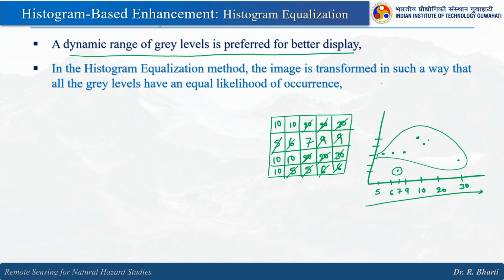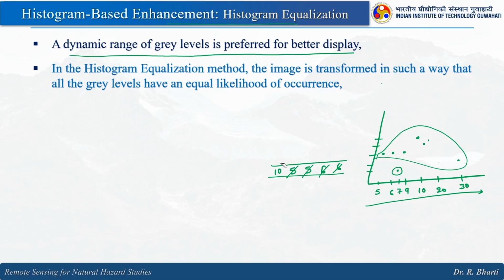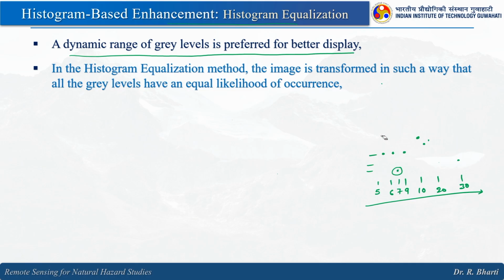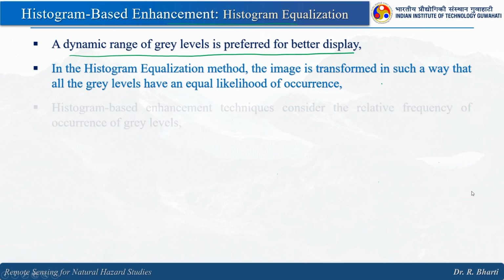So, in such cases, this histogram equalization method works on the DN values' frequency and tries to provide equal likelihood of occurrence to all the DN numbers present in my data, right. Your image will be enhanced and will be better in brightness and contrast.